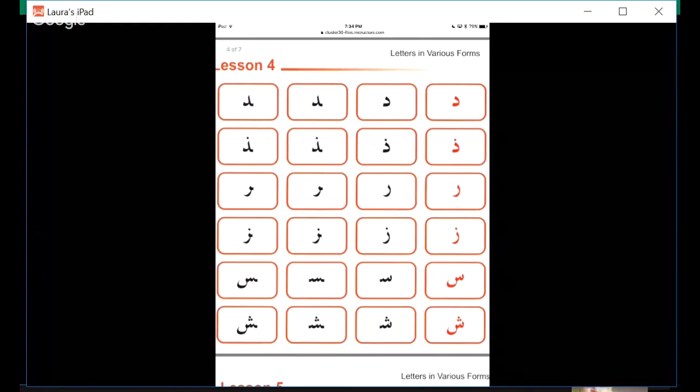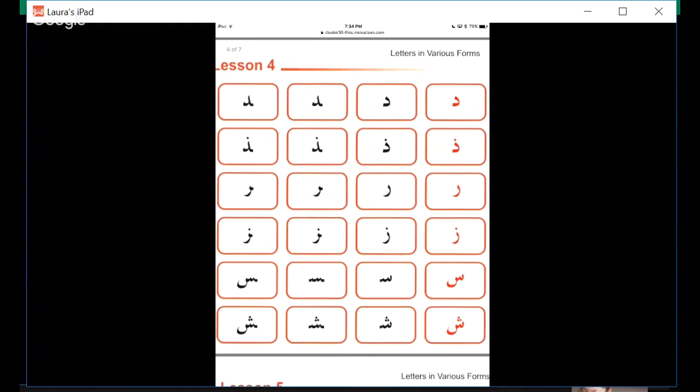It has the isolated position in your first two columns. That's in its isolated position. Or at the beginning of a word, it looks the same. If it's preceded by something, then it looks the way it does in the third. And if it is preceded by something in the last column, also would be your final.